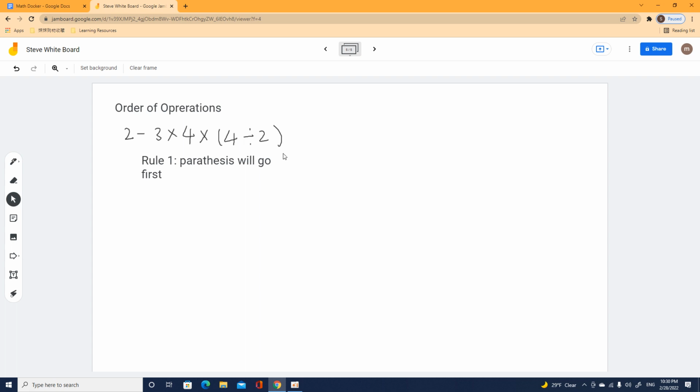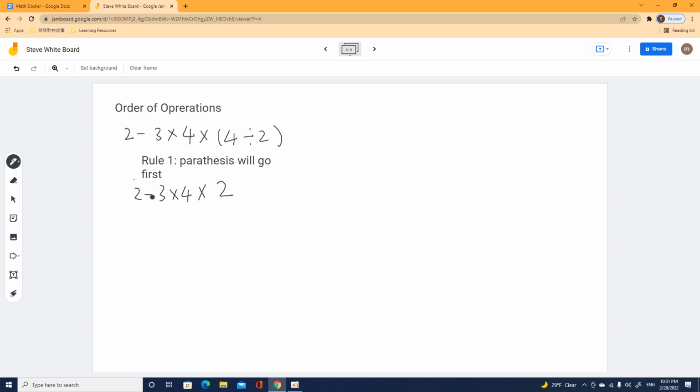For example, in this expression, we need to calculate the parenthesis first. So that means we need to calculate this first. We'll get 2. So we calculate the parenthesis first. Okay, that's 2.